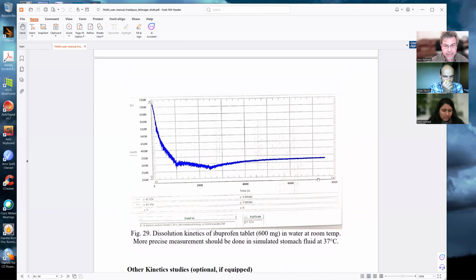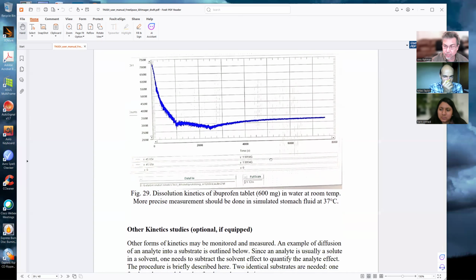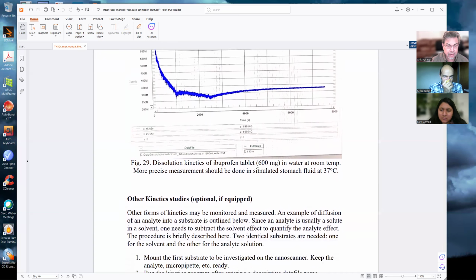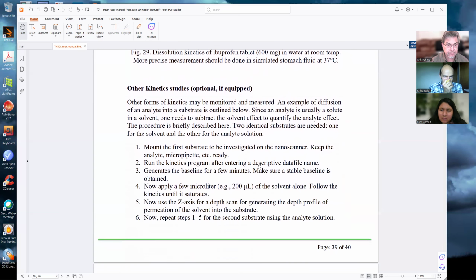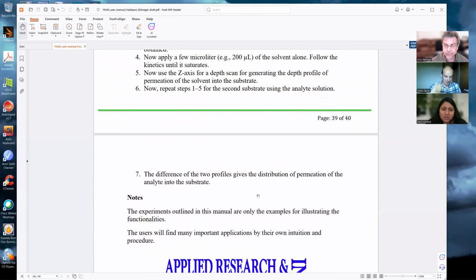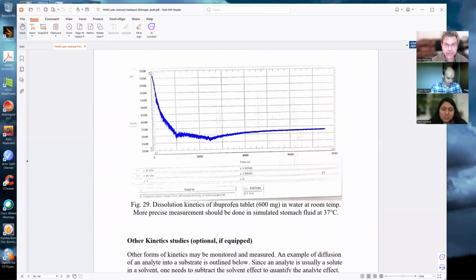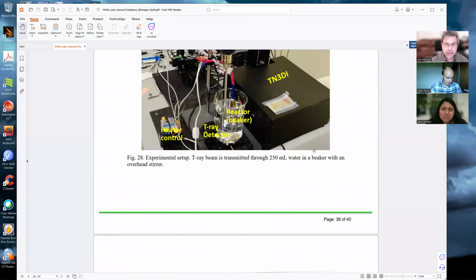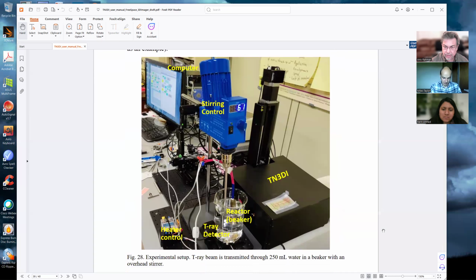This x-axis is the time axis. We can see how fast it is dissolving, and all this kinetics information becomes important for dosing purposes. The details of the procedure are given here. And that's all for this particular user manual.